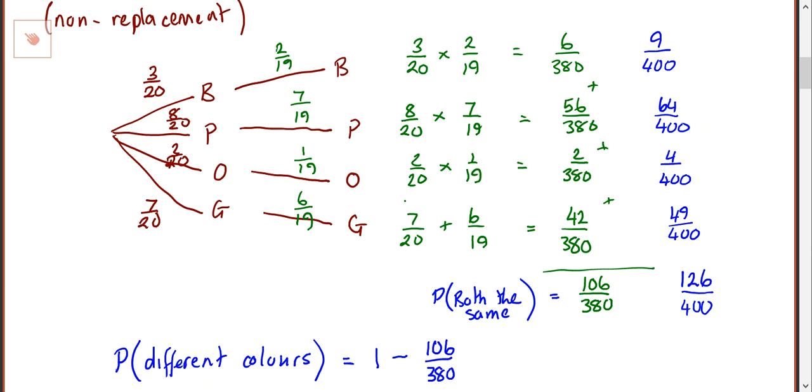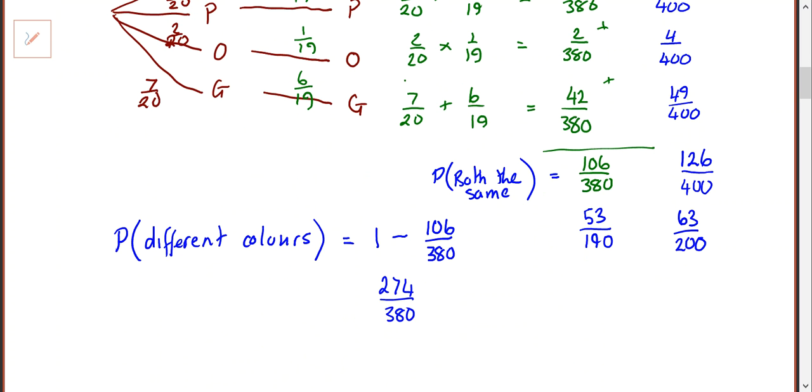Maybe we could go to 53 over 190, and then 63 over 200, and instead of multiplying those, we could just multiply those. So multiply by 200 and multiply by 190, and I don't actually care what the denominator is.